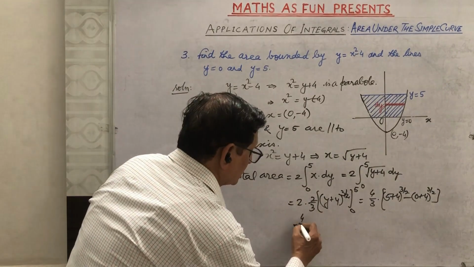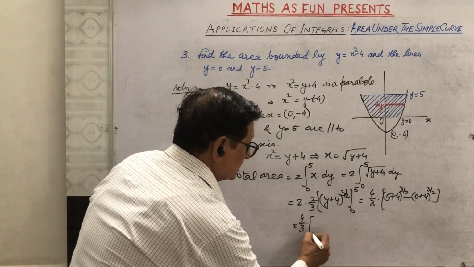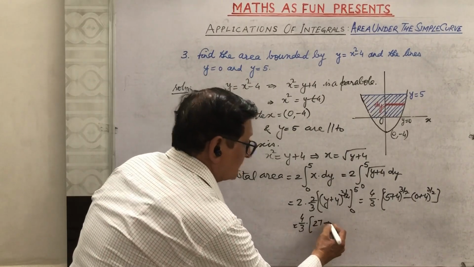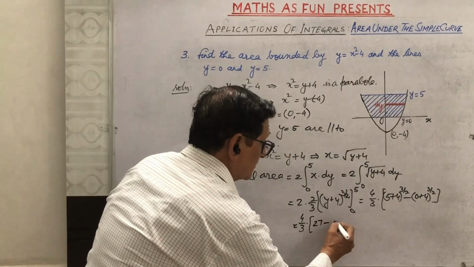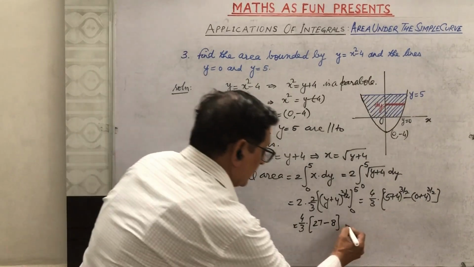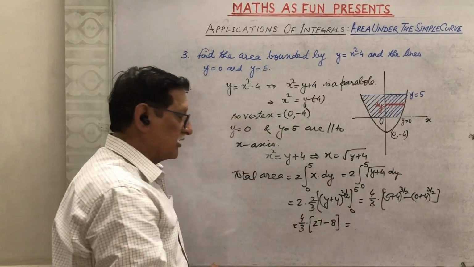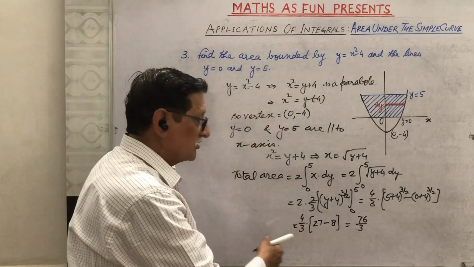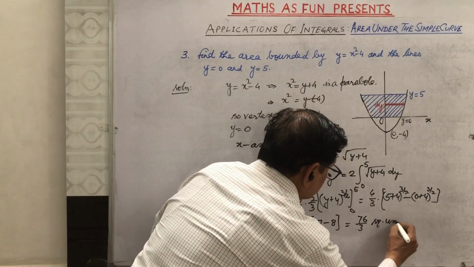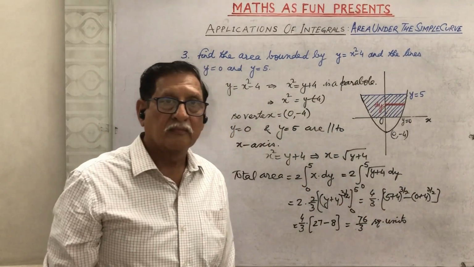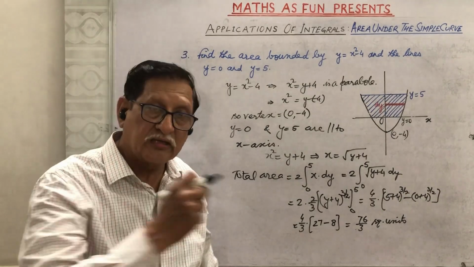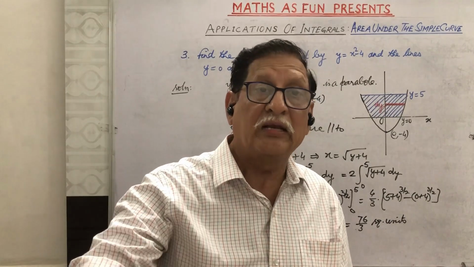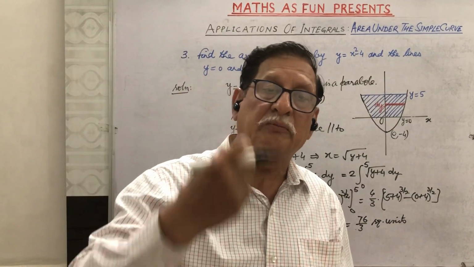Simplifying this, we get 4 upon 3, where 9 to the power 3 by 2 is 27, minus 4 to the power 3 by 2 which is 8. 27 minus 8 is 19, and 19 into 4 is 76, so this comes as 76 by 3 square units. Like this we can find the area under the given curve from one line to the other line or bounded between any two lines.